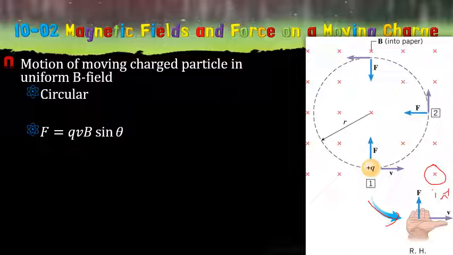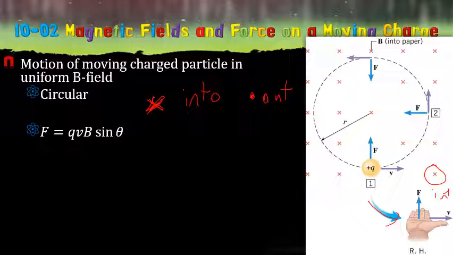So X means into, a dot means out of. That's because we use arrows for vectors. If the arrow is going away from you into the paper, you see the feathers, hence the X. If the arrow is coming at you, you see the tip. It's a dot when it's coming up out of the paper at you.